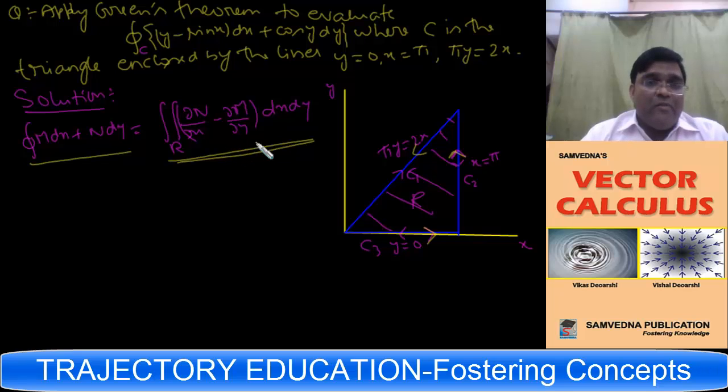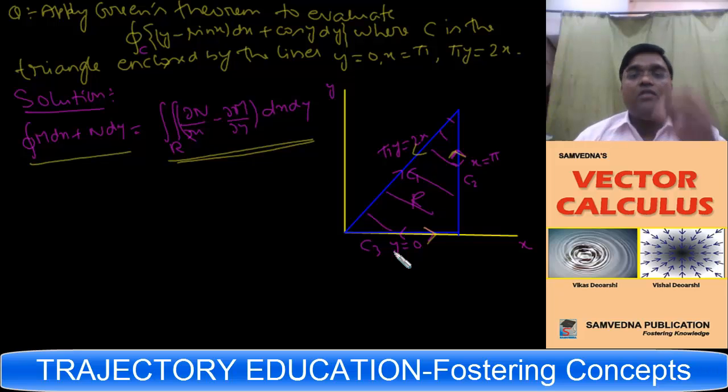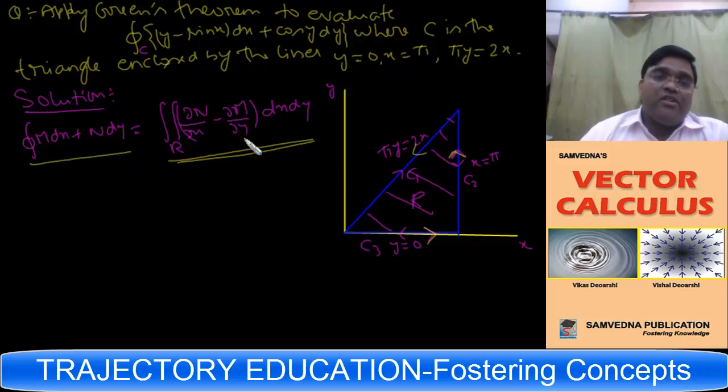Green's theorem makes it very clear that the double integral is equal to the line integral evaluated in the orientation such that if I walk along it, the region lies on the left. So let me evaluate this double integration, which will give me the line integral along this orientation. If I am asked to find the line integral along the clockwise orientation, it will be with a minus sign.